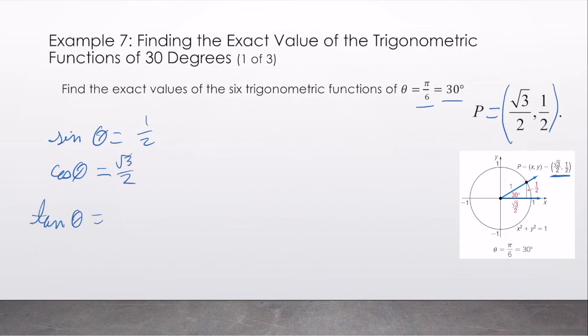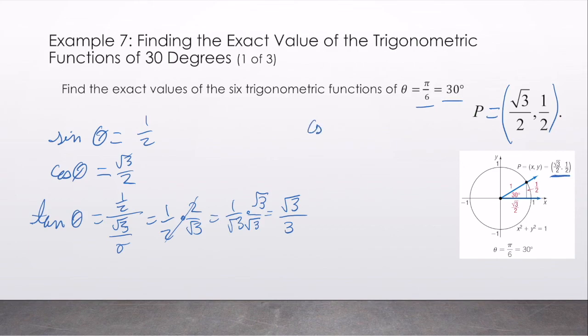Tangent of theta, which is y over x, well, that's going to be 1/2 times 2 over the square root of 3, which gives me 1 over the square root of 3, but we don't like radicals in our denominator, so I get the square root of 3 over 3. My cosecant of theta, which is 1 over y, is 1 over 1/2, so I get 2.